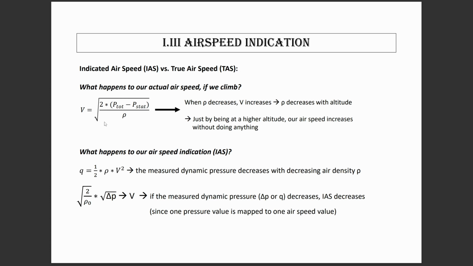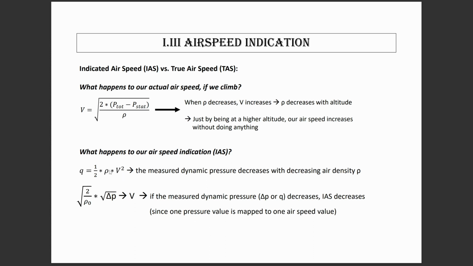So we fly truly faster than we would if we measure the same pressure difference at a lower altitude. The reason for this is rather simple. In order to achieve the same measured pressure difference at a higher altitude where density is lower, we need to fly faster, and that comes directly from the equation for our dynamic pressure.